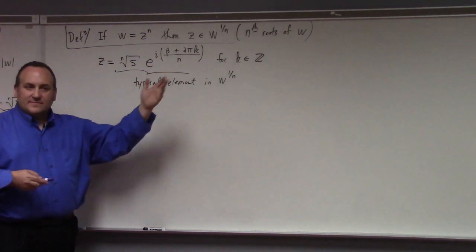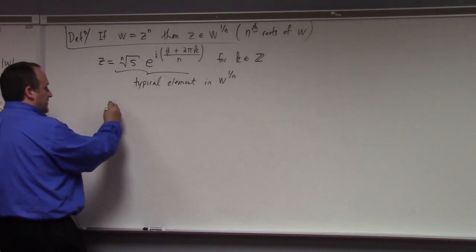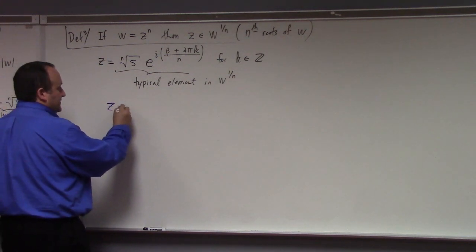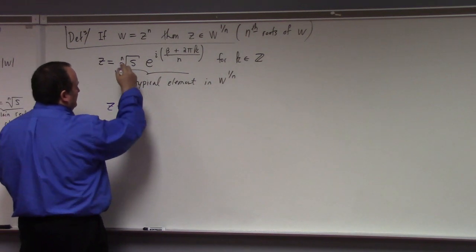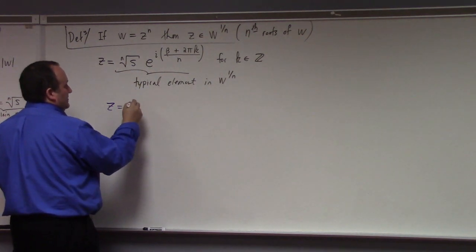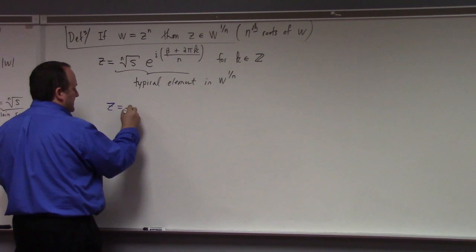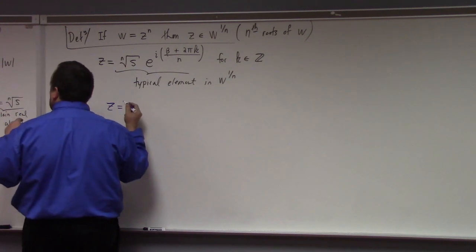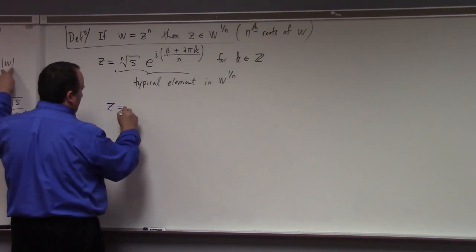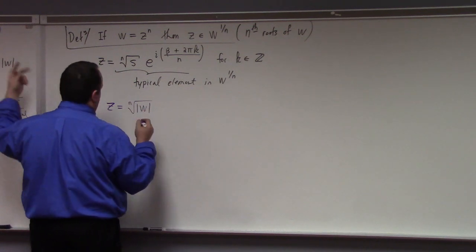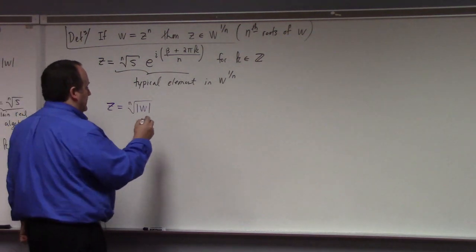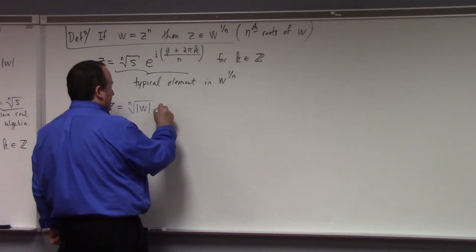Now, we can do better. What's a typical element look like? Let's simplify this a little bit. So z is equal to, well, I can leave it as s, but what is s? It's really the modulus of w. And I'm going to write this as e to the i.